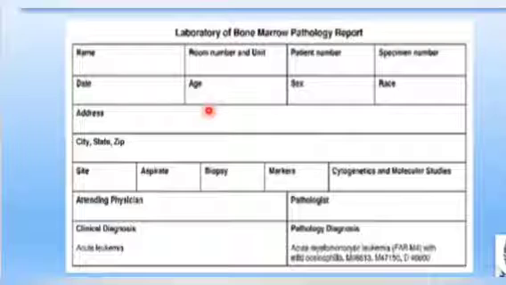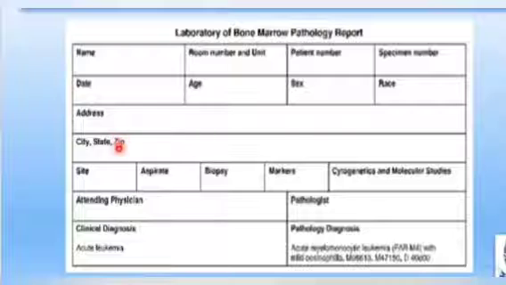Now this is a laboratory bone marrow report, and here you are looking for the name, room number, patient number, specimen number, then put the date, age, sex, and which race he or she belongs to. It's a special type of bone marrow report, but sometimes we exclude the race or room number. We are looking for name, date, age, sex, and patient number.